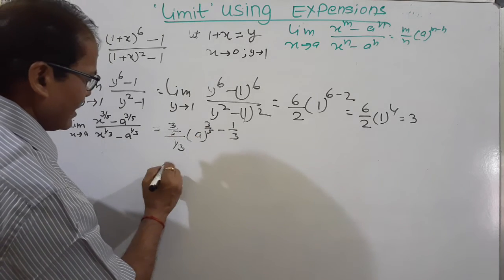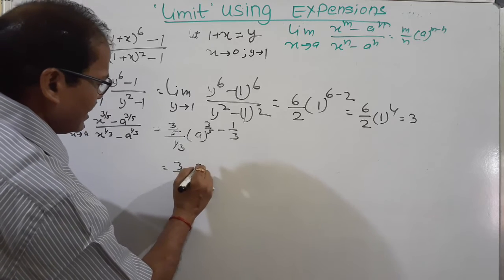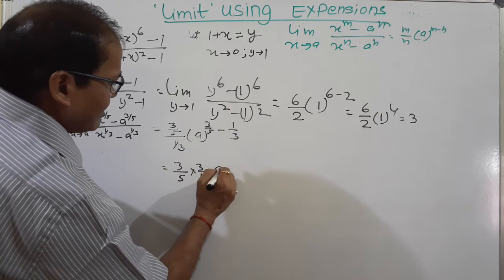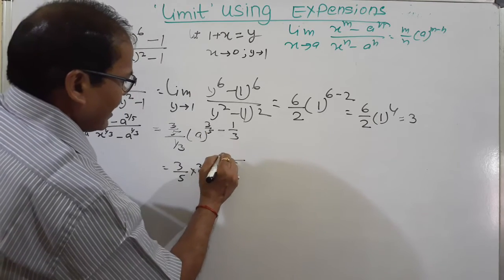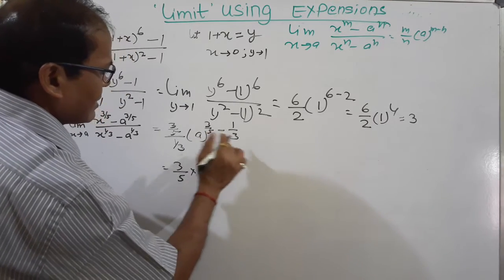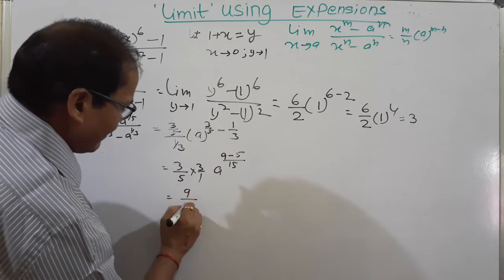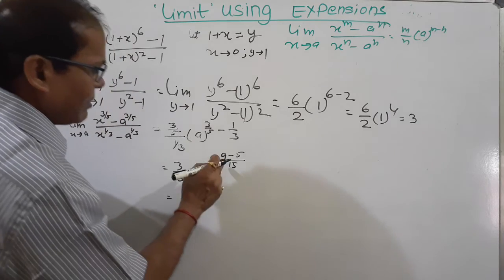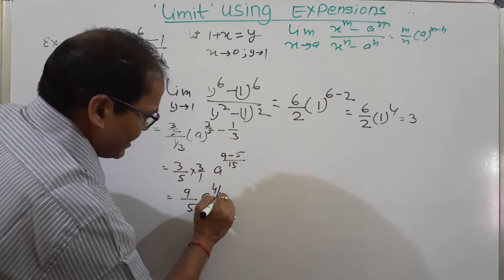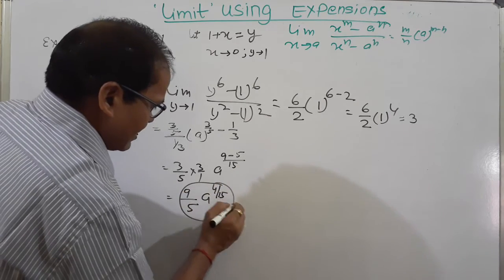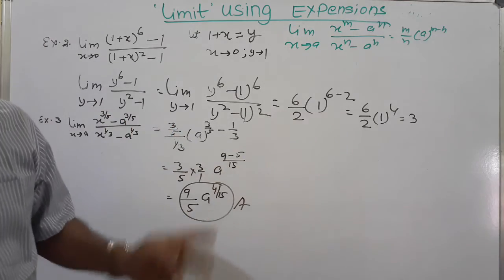Then here we will get 3 by 5 into 3 by 1, and a to the power, taking LCM 15, 9 minus 5. What will we get? 9 by 5, and a to the power 9 minus 5 means 4 by 15. This is the answer. So in this way you can use the direct formula and get the answer.